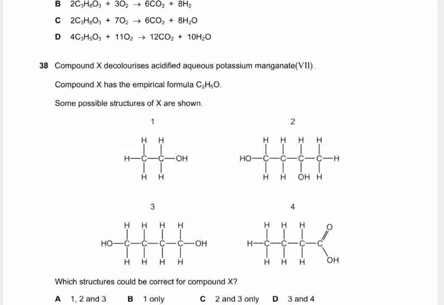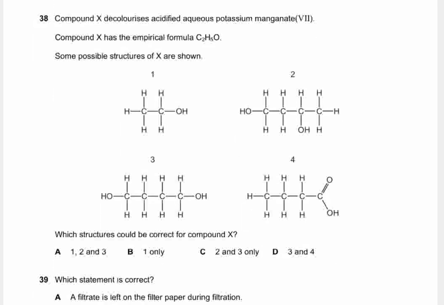A compound decolorizes acidified aqueous potassium manganate, and its empirical formula is C2H5O, and you have to pick the structure. So there we have the C option is the correct one.